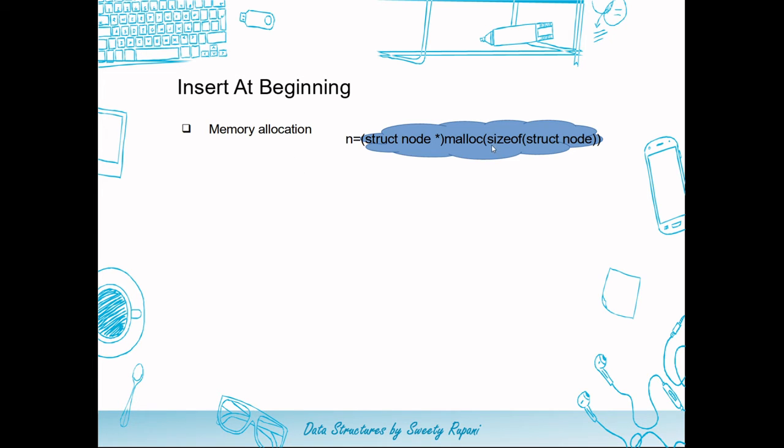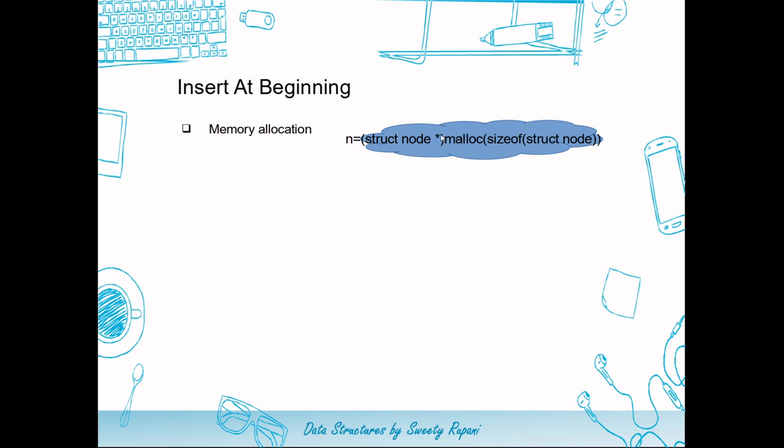So what we have to do is write the sizeof operator, which determines the size of a thing present in its bracket. So I am writing struct node. How much memory is required by an object of this particular structure, that much memory is required to be allocated. Memory is allocated, but what type of data it's going to store, we will have to explicitly cast it.